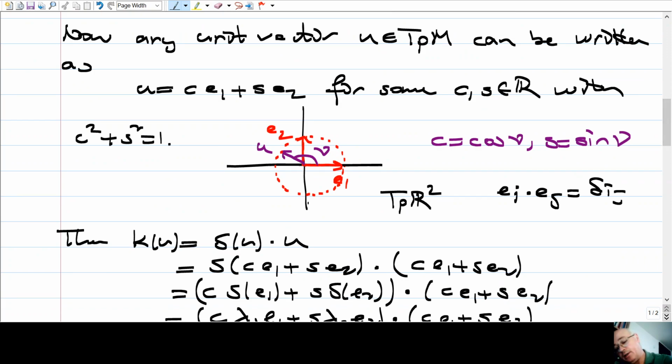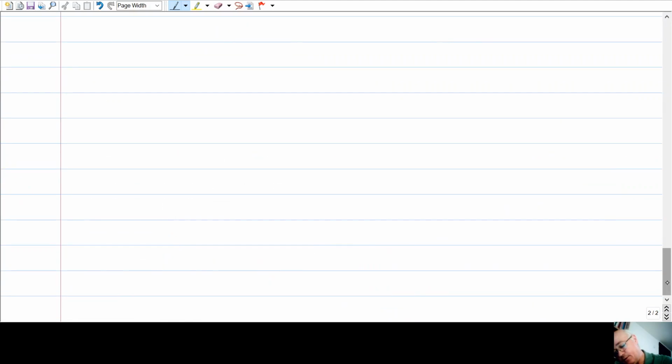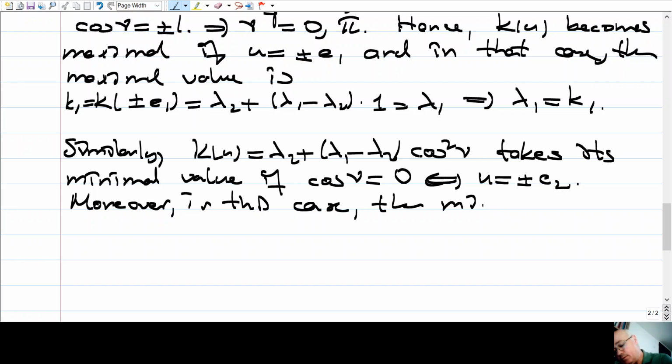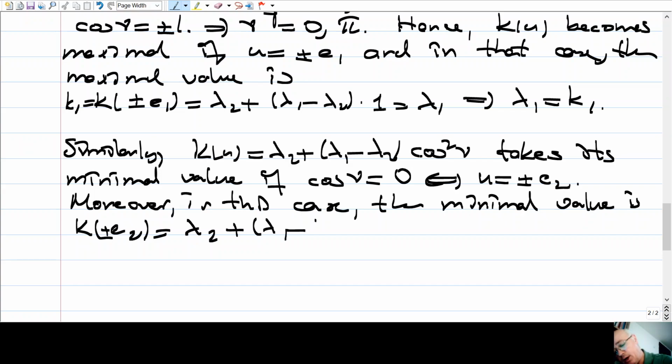Well, cosine is 0 means the angle is 90 degrees, so u is either in the E2 direction or minus E2 direction. Moreover, in this case, the minimal value is how much? So k plus minus E2 is just lambda 2 plus lambda 1 minus lambda 2 times 0, which is lambda 2.